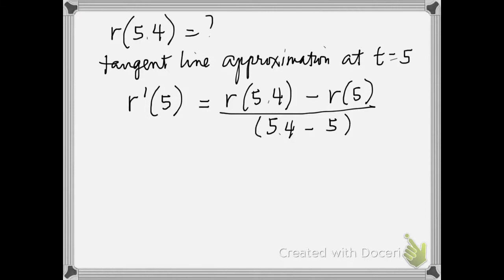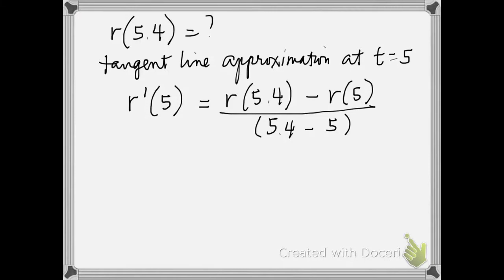Now you might say, why can we not use 5 and 7? Because earlier I used 5 and 7. No, you don't want to use 7. You want to use the 5.4 because you're actually looking for r at 5.4. So you want to see an r of 5.4 in your equation.